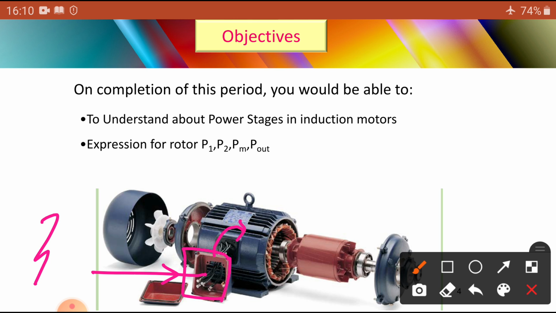The power is given to the rotor, and the rotor also has some losses. After that it gives some net power at the shaft for loading purpose. Okay, let us see that.